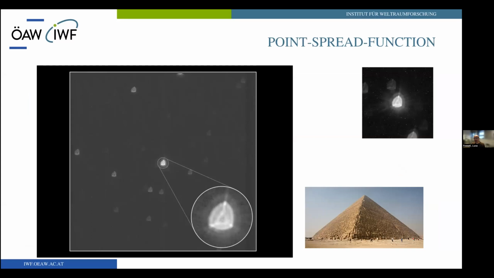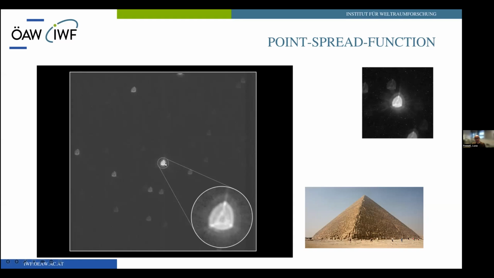Now comes why I showed you the motion of CHEOPS and the telescope one after the other. So what you see here on the left is a CHEOPS image, and you see all of these triangles, and that's actually why it is called CHEOPS, because the most famous thing that has a triangular shape is the Cheops pyramid.